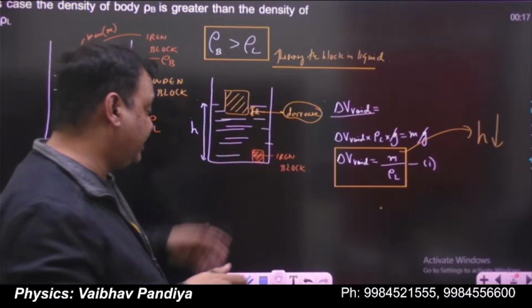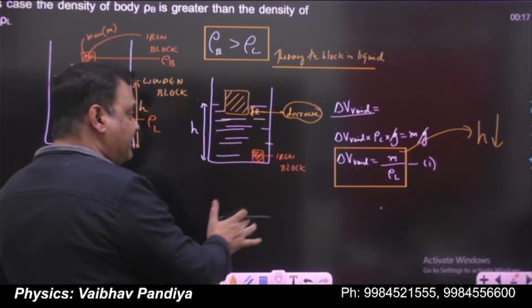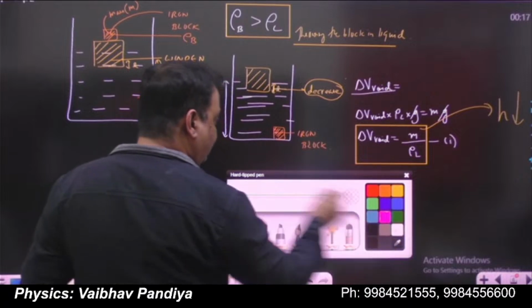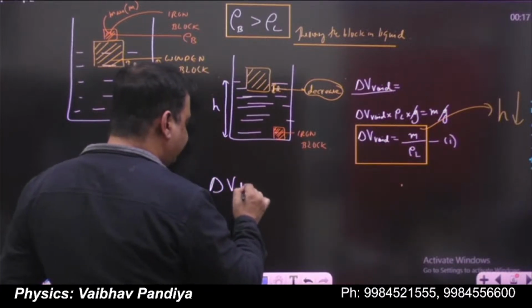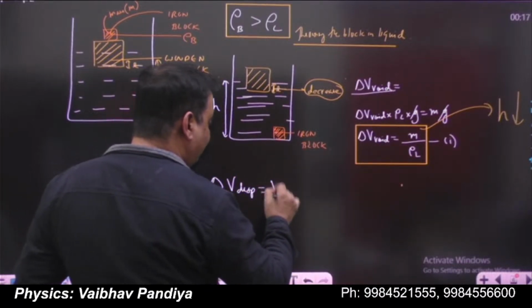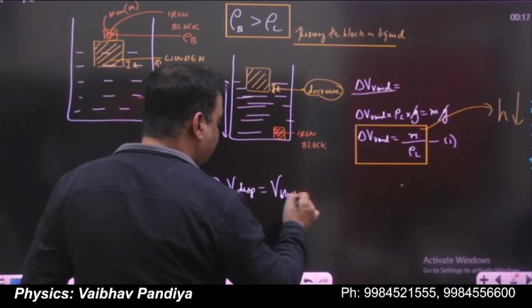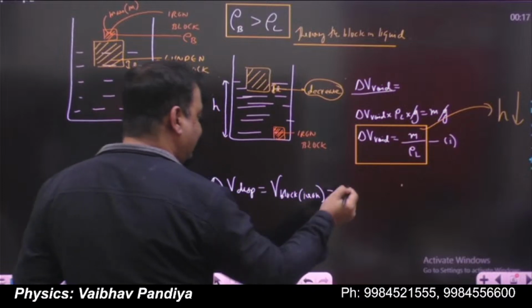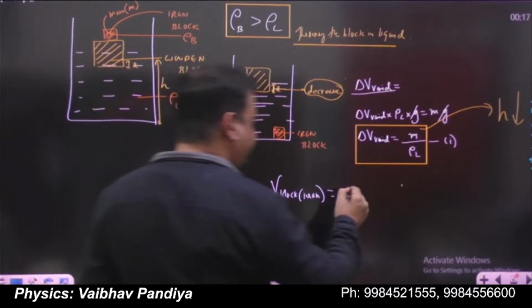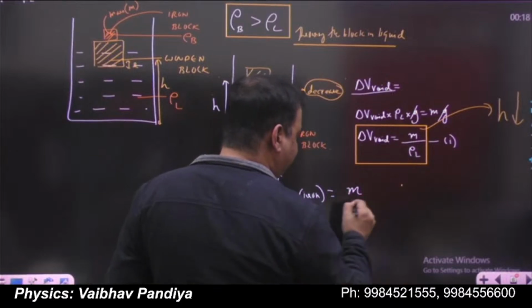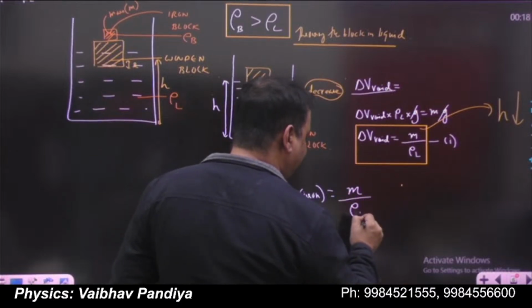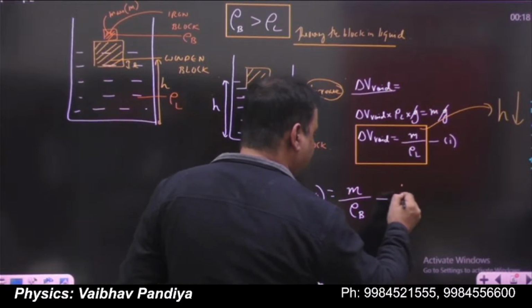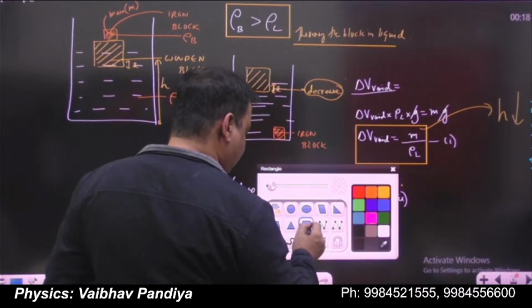Now because iron has a greater density, that makes the iron sink in the liquid. So the volume displaced in this case will be the same as the volume of the iron block, and we know volume is mass upon density. Of course, the mass of the block is M, and the density is that of iron, say density of body. This is your second case, correct?